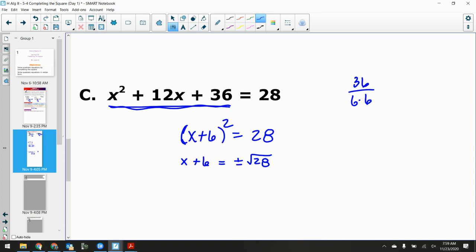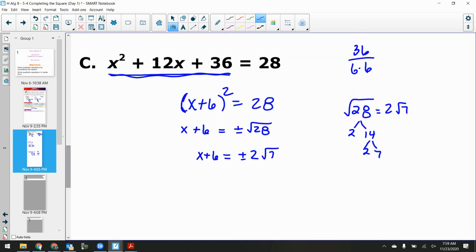Let's factor 28 down. That's 2 and 14 and 2 and 7. So that's 2 radical 7. x plus 6 is equal to plus or minus 2 radical 7, because that's 4 times 7. And now the only other thing left to do, honestly, 2 radical 7 is just a decimal, right?